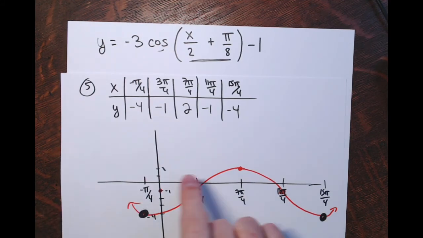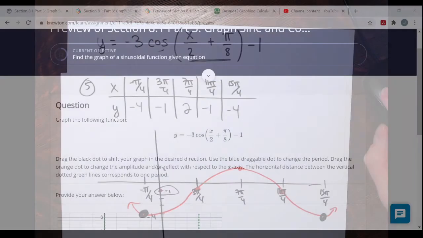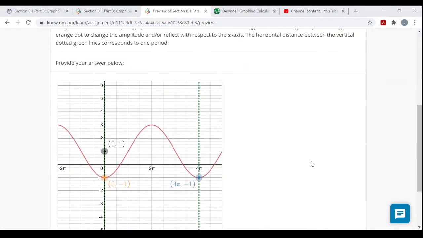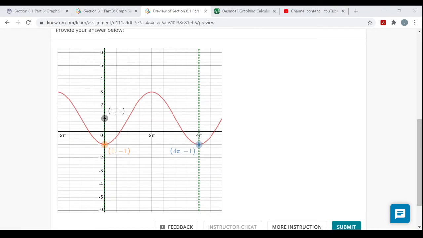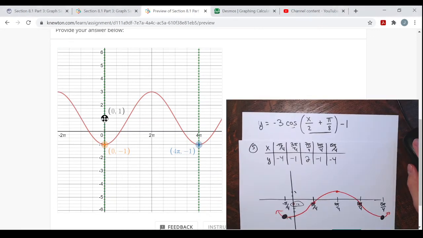All right, so again, I got to move this thing around. Now the midline is at negative 1, so that black dot I need to move to negative pi over 4, negative 1 on the computer. All right, so again, I'll pull my picture up. I got to move this black dot over to negative pi over 4.